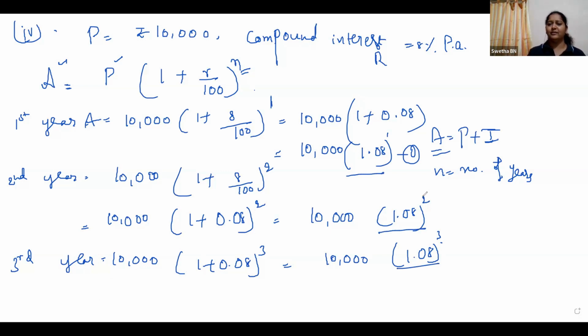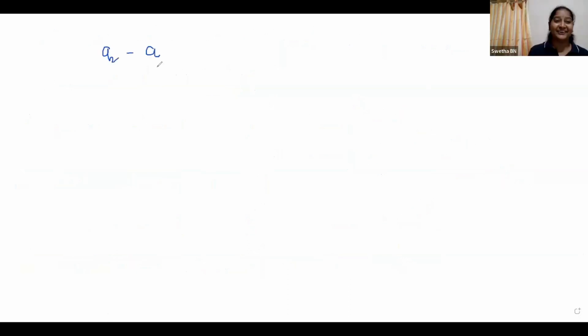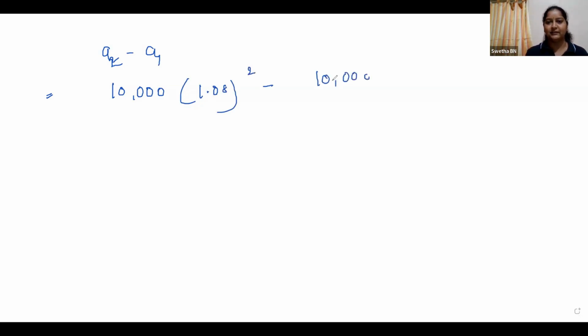So do you think the difference between the terms is constant or not? Ma'am, it's constant. Okay, let us see. If you're not sure, you should find it right now. So what is A2 minus A1? 10,000 into 1.08 whole square minus 10,000 into 1.08.